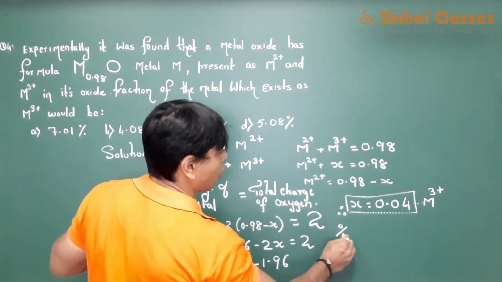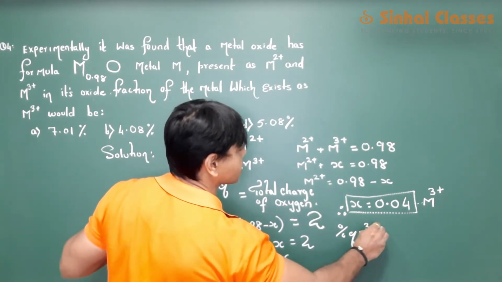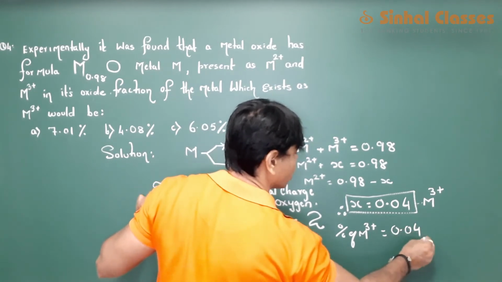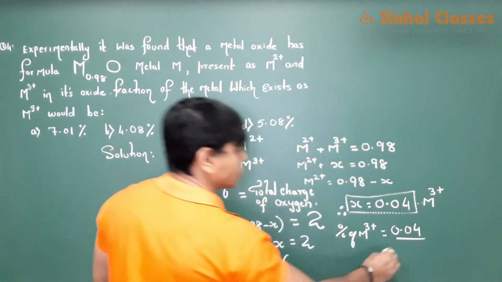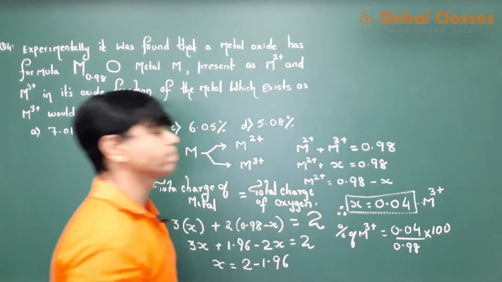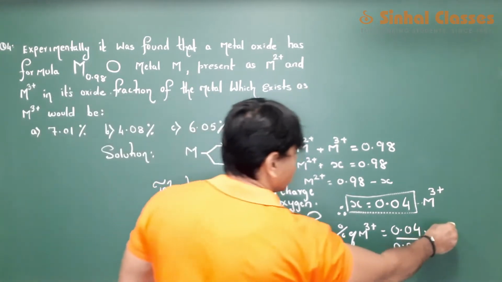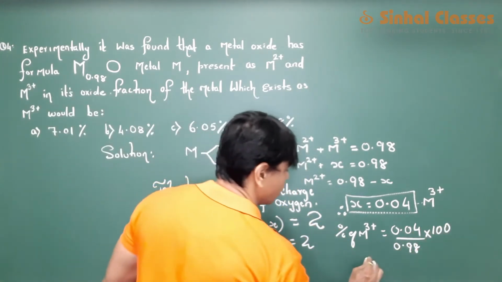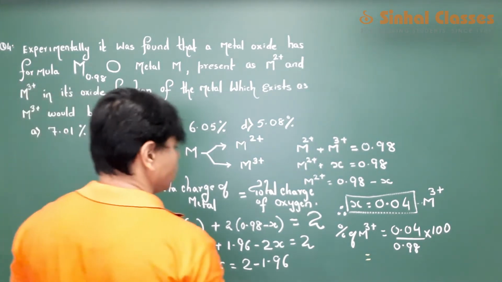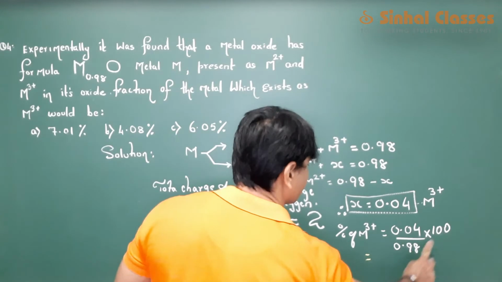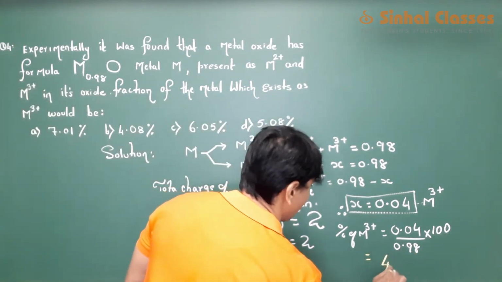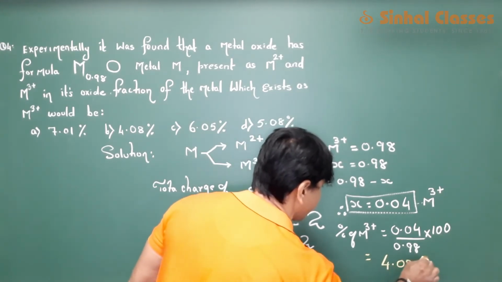So percentage of M3 plus in the metal will be 0.04 divided by 0.98 into 100, and your final answer will be this into this divided by 98, so it will come to 4.08%.